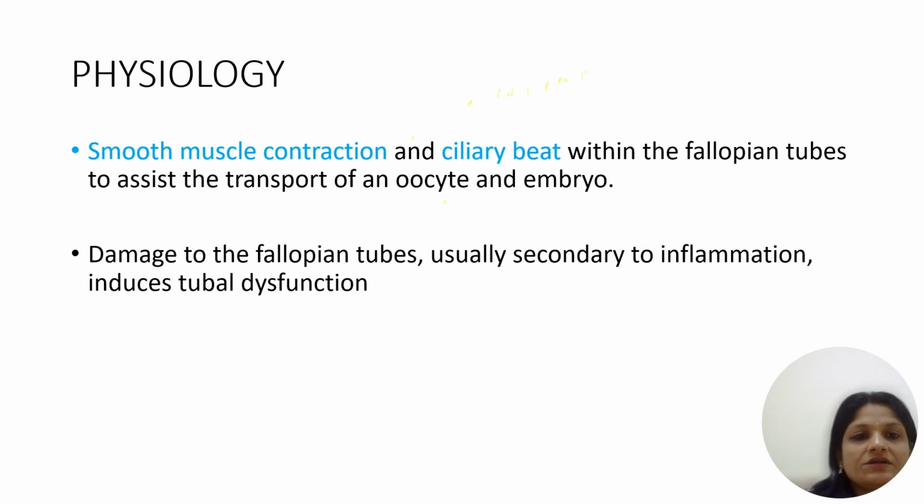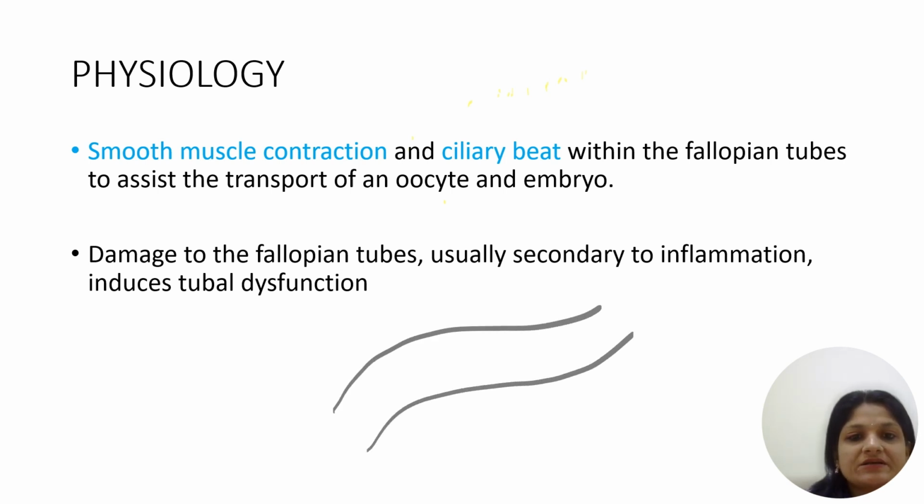Okay, what is the physiology behind it? The fallopian tubes assist in the transport of an oocyte and an embryo. What helps in the transport is the smooth muscles lining the wall of the tube which contract, and the cilia which beat at regular intervals, thus propelling the oocyte and the embryo to travel back into the uterus. Any damage to the fallopian tubes, and when will it damage?